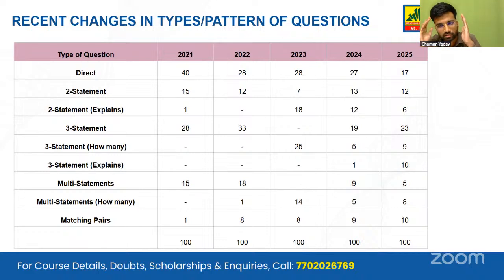If we were not able to arrive at the final answer, we would easily be able to eliminate one or two statements with the knowledge that we had. But over the past 4 or 5 years, what we have observed is that UPSC has started to ask direct questions, and they are decreasing in quantity. So we can see the direct questions in 2021, there were 40 questions and progressively the direct questions decreased.